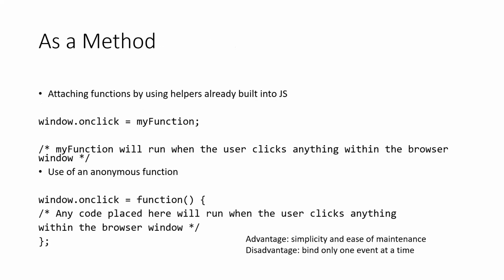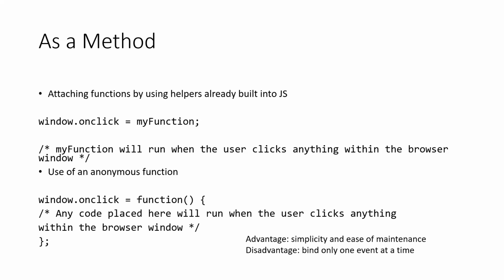The next one, as we discussed, is the method. That means you can use some helpers we already have, for example, window dot on click my function. Whenever somebody clicks on the browser window, then my function will get executed. Or else you can use an anonymous function. Here we write the function at the same place, and instead of using a name, we call it an anonymous function.